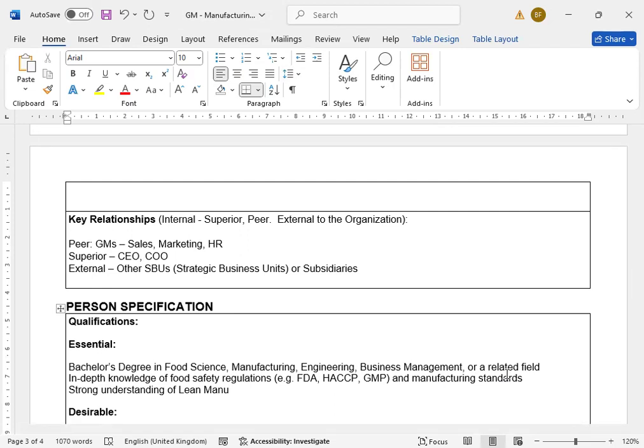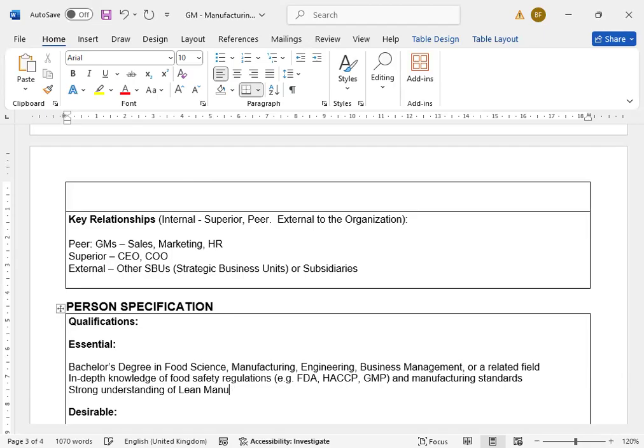If there are 10 candidates for the role and one guy knows the lean manufacturing concept, he will be shortlisted or hired over the 9 other candidates who don't have this knowledge.